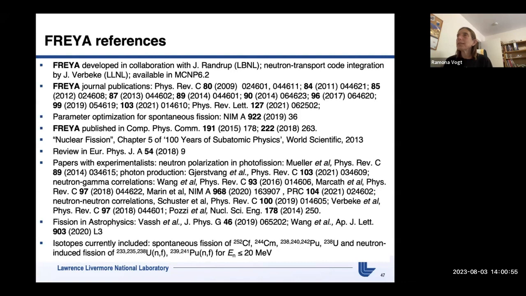You can use it in a reactor, but I would say reactor technicians tend to use codes based on deterministic models, because there are so many fissions happening at once that it's more of an aggregate system, and the average is not so bad.